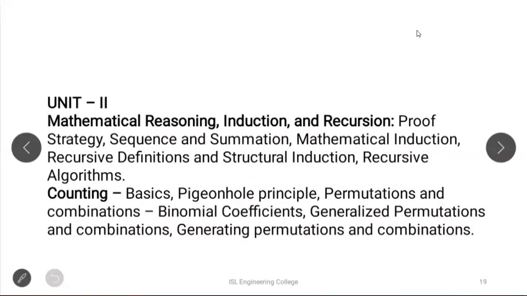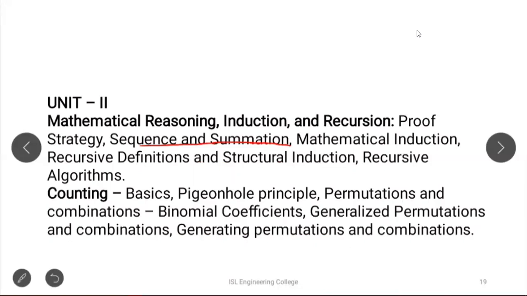Then we are given sequences, and if you remember your arithmetic progressions and geometric progressions, the summation of those are in sequence and summation. Then we have mathematical induction, as I was just saying earlier. Along with that, we have recursive definition, structural induction. These topics are a bit advanced. We will see them as we go into the chapter.